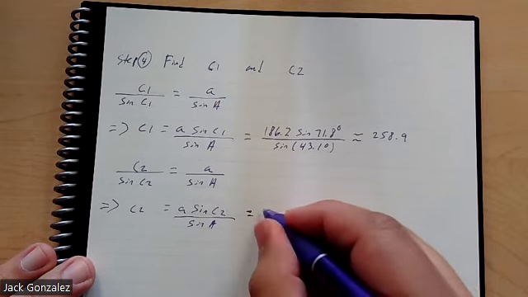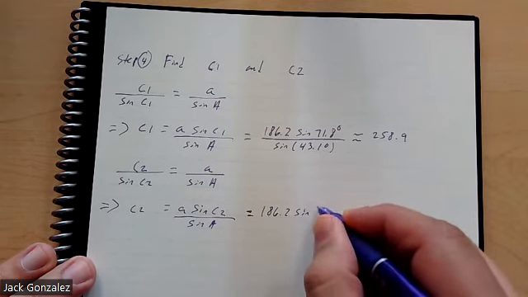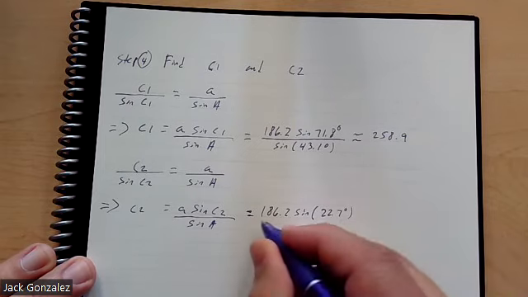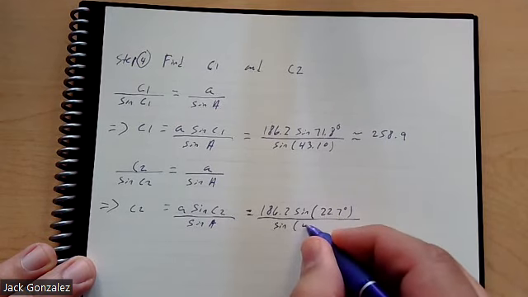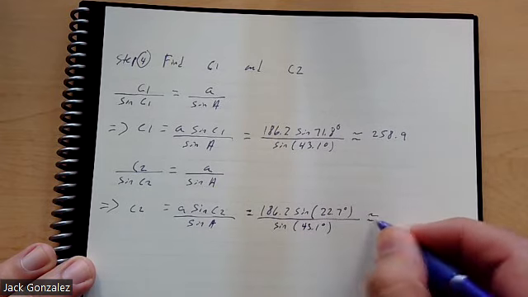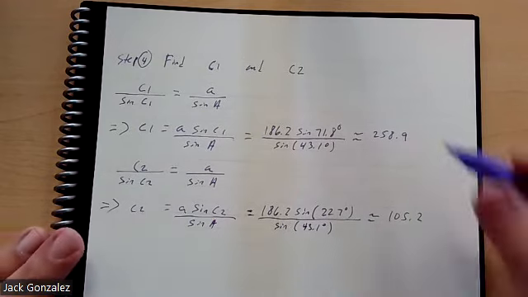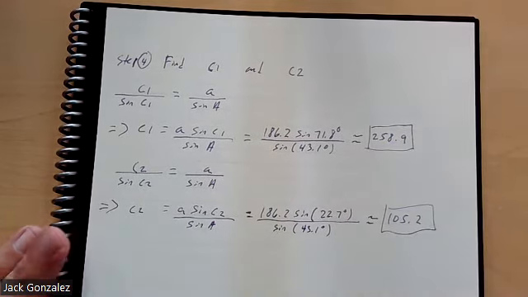Okay, so it'll be 186.2 sine of 22.7 over sine of 43.1. That's it. That's all this missing side for triangle 1 and triangle 2.